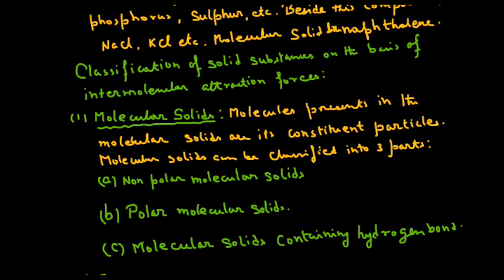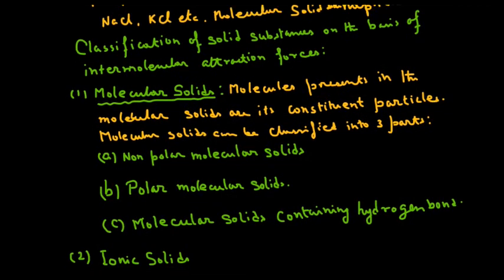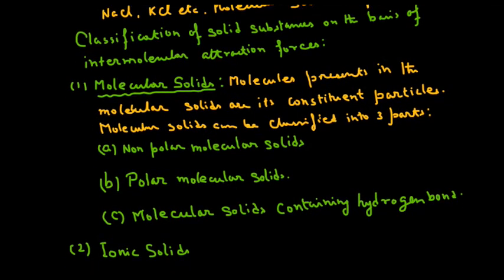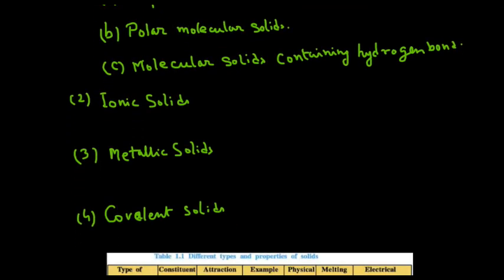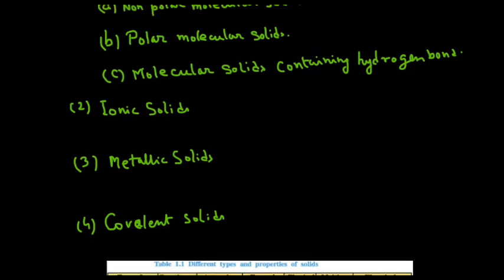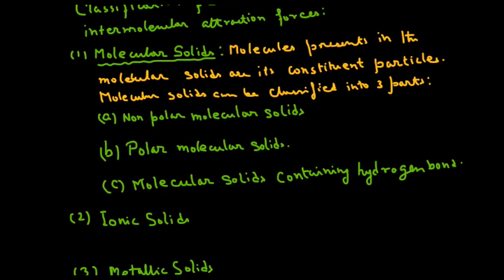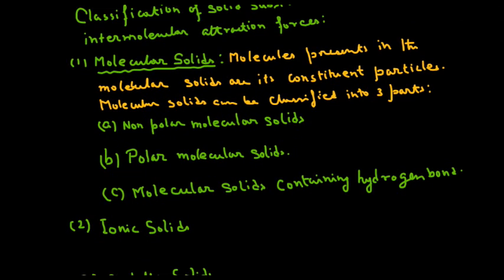Classification of solid substances on the basis of intermolecular attraction forces. First, molecular solids. Second, ionic solids. Third, metallic solids, and fourth, covalent solids. Now we'll study in detail about these solids. First, molecular solids.